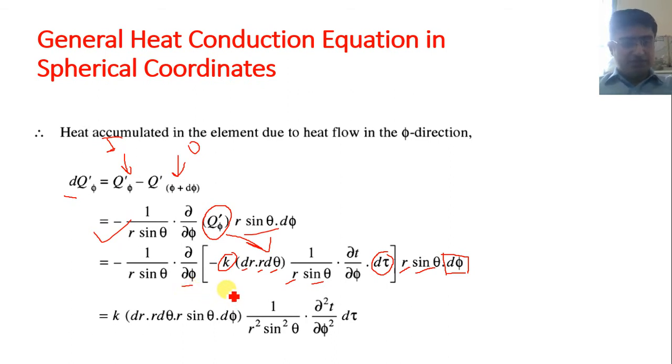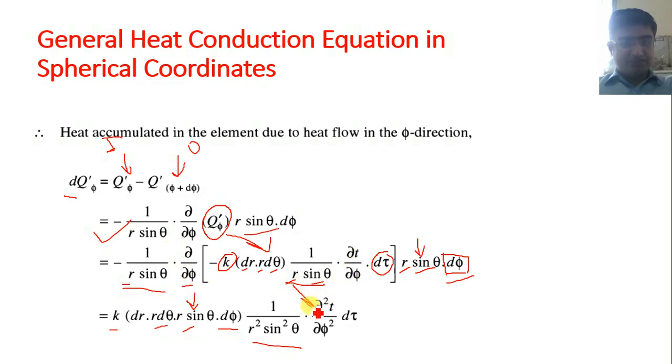If we do the further solving, then all the constant terms which are written over here, k as it is, dr into r d theta as it is. Now here is r sin theta into d phi, so r sin theta is placed over here, and d phi as it is. Now the remaining terms are 1 upon r square; here is r sin theta, here is r sin theta, so it becomes 1 upon r square sin square theta into del phi of del t by del phi.